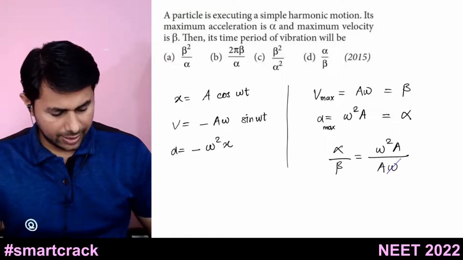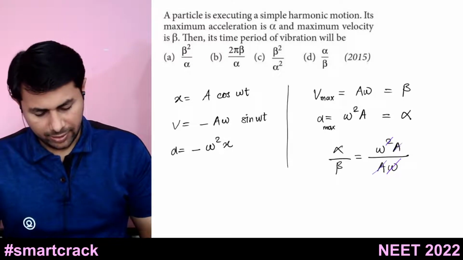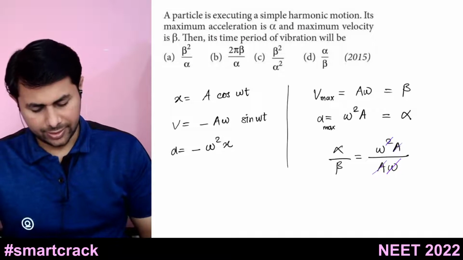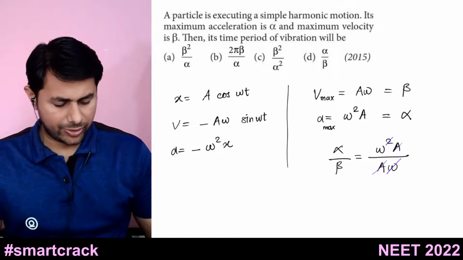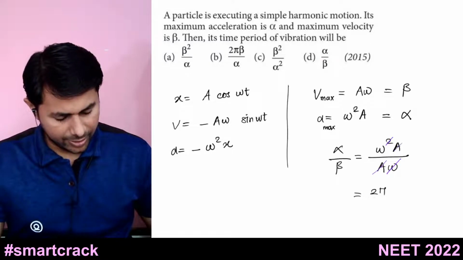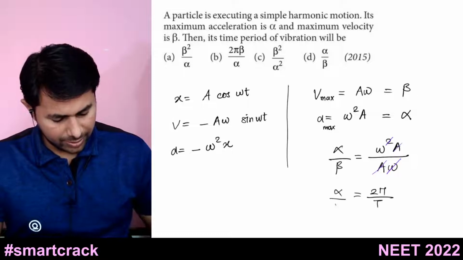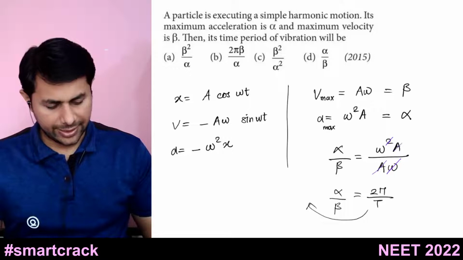So one of the omega gets cancelled, A and A gets cancelled, and we want the time period. So we have to substitute this remaining omega as 2 pi divided by T. So 2 pi upon T is alpha upon beta. Let's take T on the left hand side, alpha beta on the right hand side.